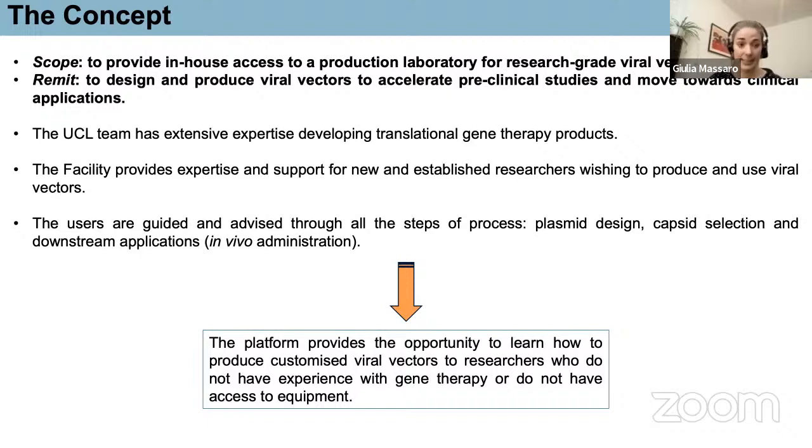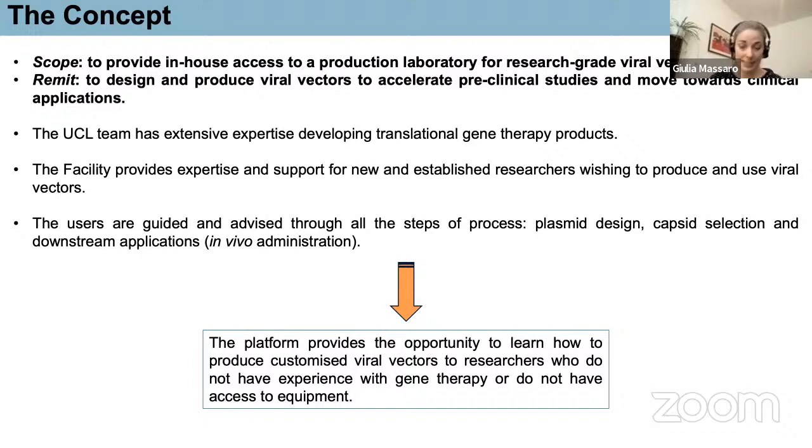So the scope of the facility is to give access to a production laboratory for research-grade viral vectors. And the remit is to design and produce these vectors, and overall to accelerate preclinical studies, so that this research can move towards the clinic faster.